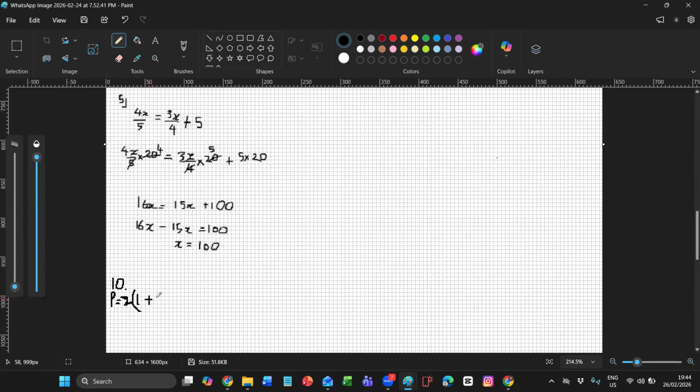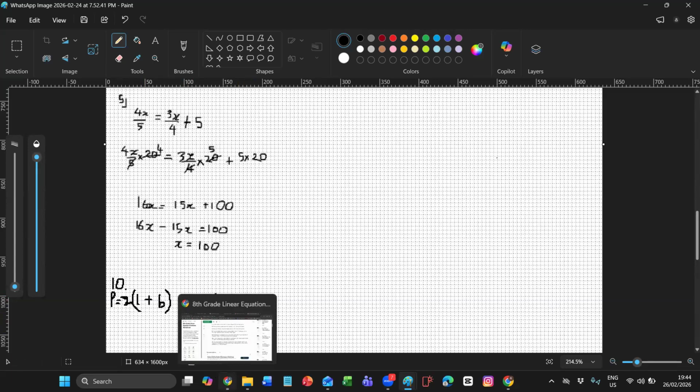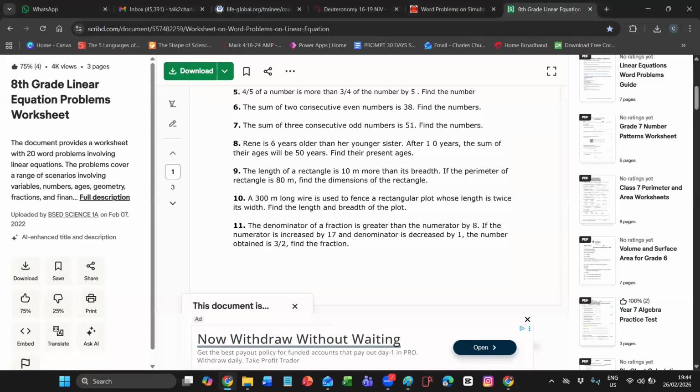We know this is length plus breadth, right? But then they've already told us that the length is 10 meters longer than the breadth. That is B plus 10, right? So once we have that established, anywhere we see L, we can put B plus 10. Of course, we can also substitute the values, because they said the whole 300 meters length of wire is used to fence a rectangular plot.